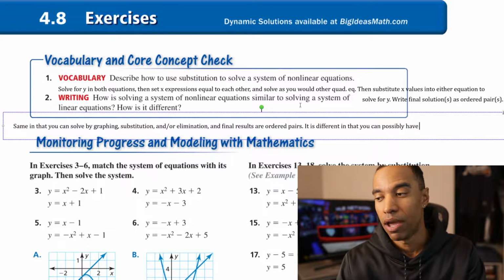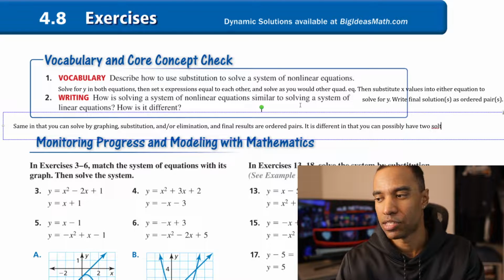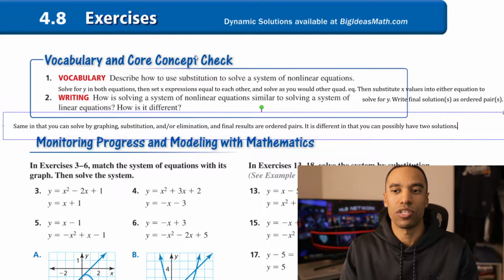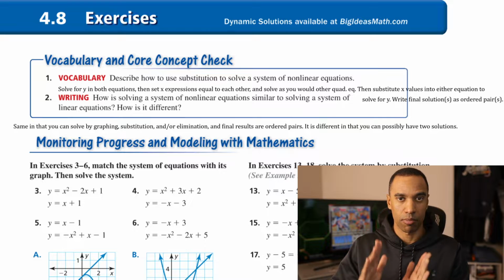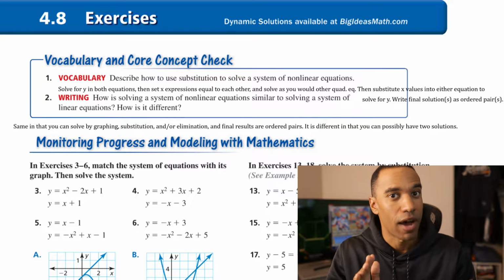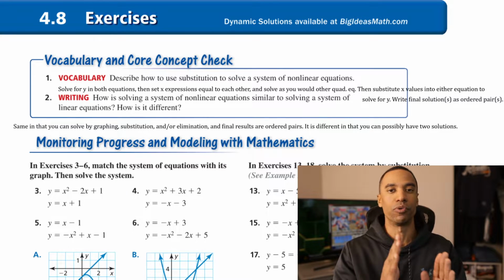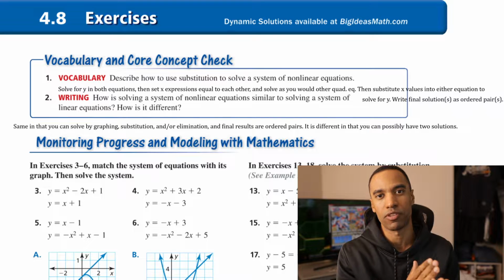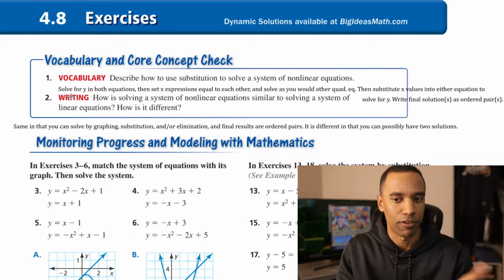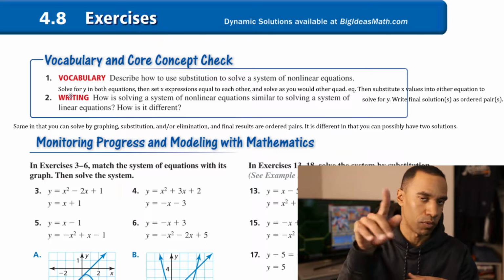Now, you might remember that in a system of linear equations, it's possible to have no solution because they can be parallel lines, and it's possible to have an infinite number of solutions if they end up being the same line right on top of each other. Technically you can have an infinite number of solutions here, but not if one's a parabola and one's a line.